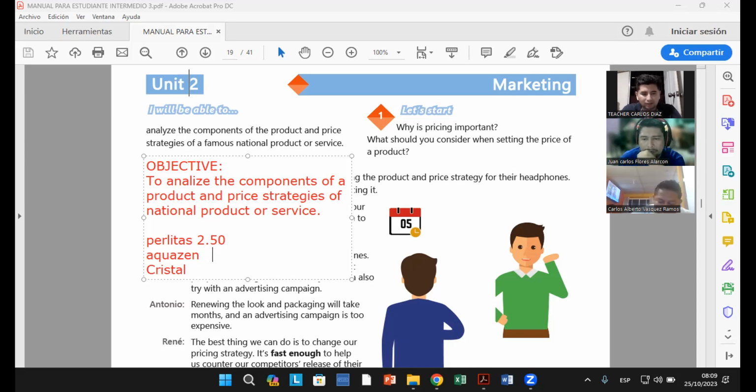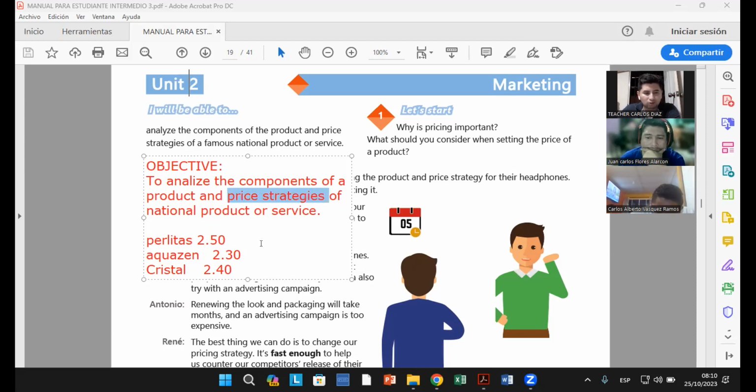Aquacen sells the bottle for 2.30. Cristal sells the water at 2.40.